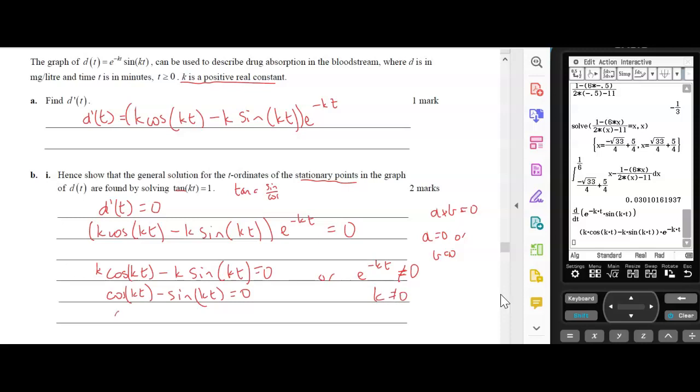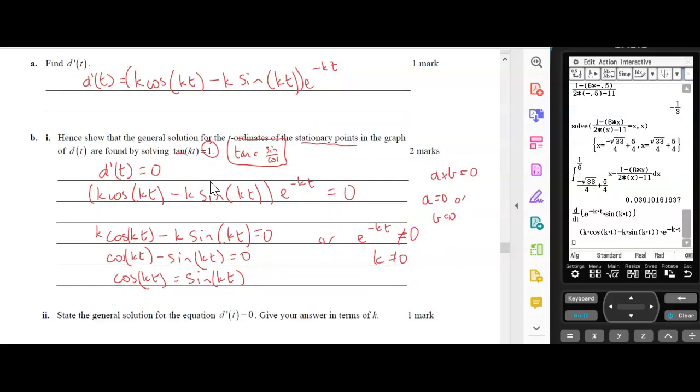So I'm going to take that sine over to that side. Now at this point, I've got cos kt equals sine kt. Remember, I want to get this sine over cos, and the 1 can also come from having your numerator and your denominator the same.